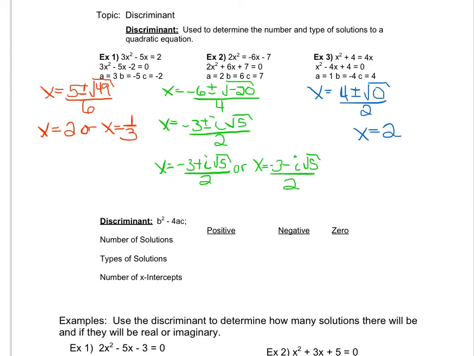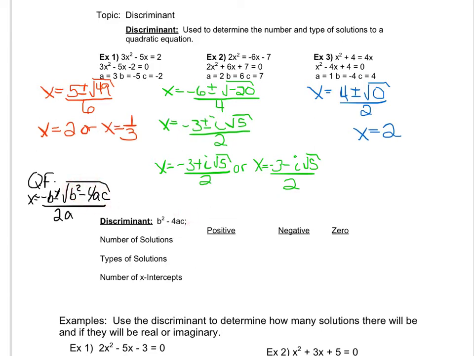If I were to write out the quadratic formula, which I'm going to write here as QF, it's x equals -b plus or minus the square root of b squared minus 4ac all over 2a. So notice that this discriminant is part of the quadratic formula.